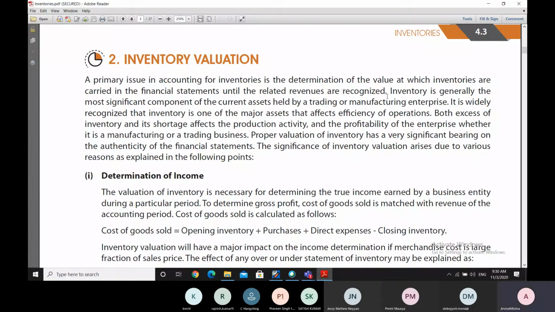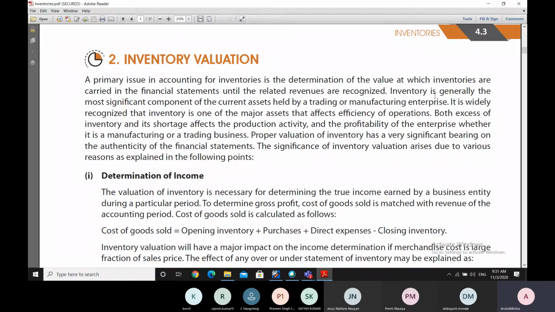Till the inventory is sold and we know how much revenue we have got from it, we have to ascribe a certain value to the inventory, because we have to keep that inventory value as part of the balance sheet as well as part of the trading account. Without doing that, we won't be able to get the real, true or fair picture of our profits.